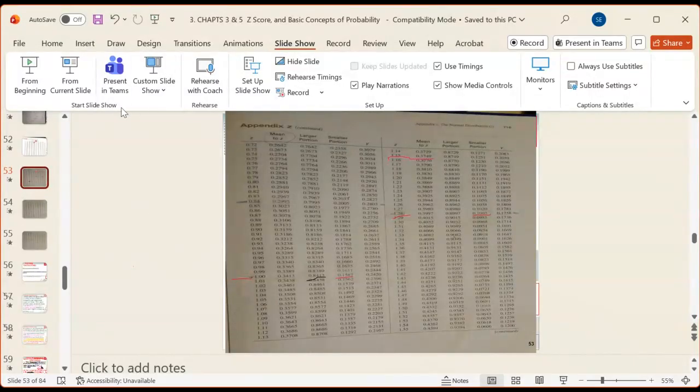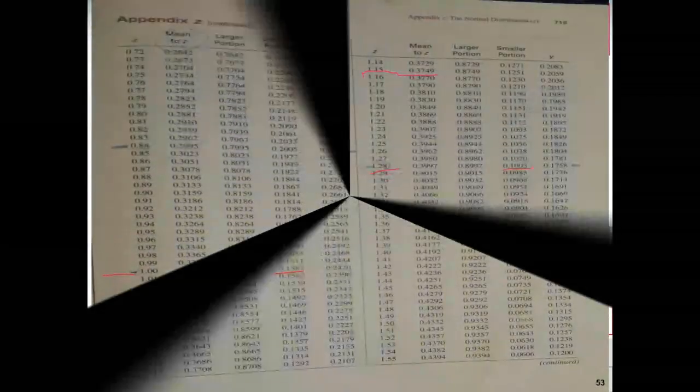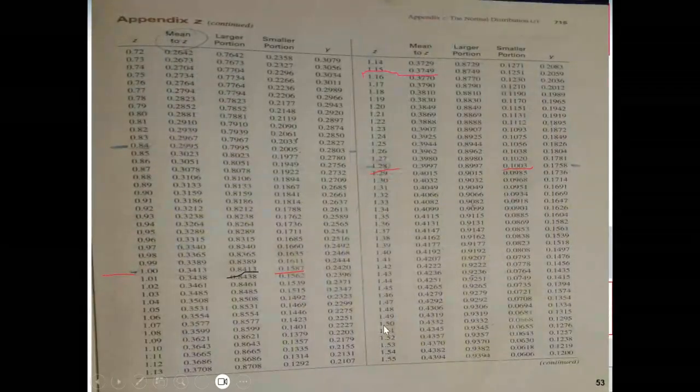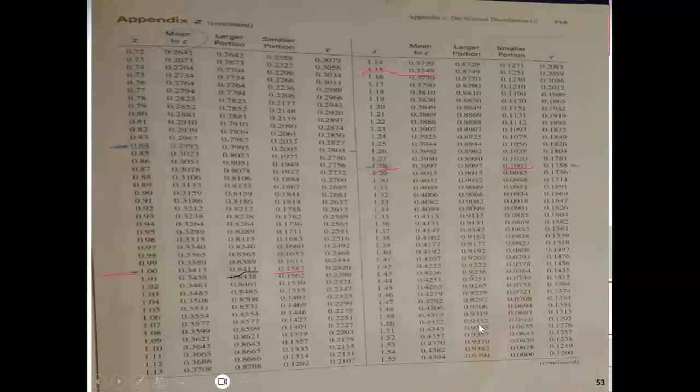Right there. Again, if it's body that you're interested in, it's 0.9332. If it's tail, if it's to the right, then it's 0.0668. That's proportion. And you multiply that by 100, it would be 6.68.